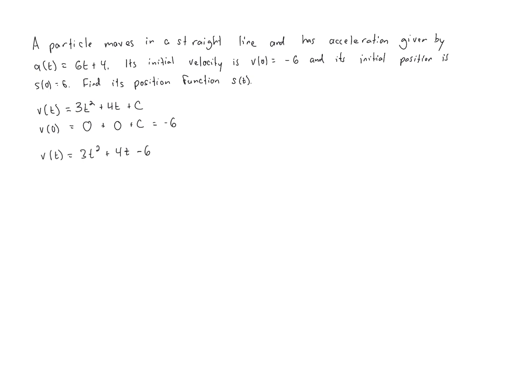Okay, now that we have the velocity, if we want to find the position function, we're going to have to antidifferentiate again. So let's do that. The antiderivative of 3t squared is t cubed over 3 times 3, and the 3's cancel.